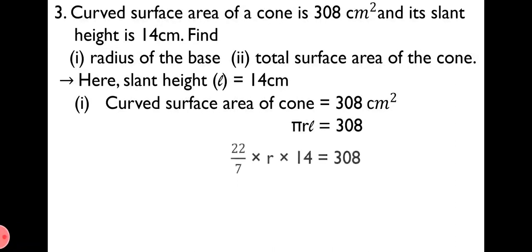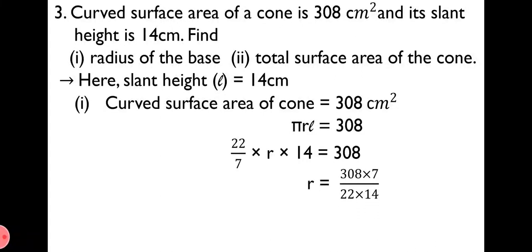Inserting the values we get 22 upon 7 into r into 14 equal to 308. We have to find radius r, so we transpose the remaining numbers to the right hand side. Therefore r equal to 308 multiplied by 7 upon 22 into 14.